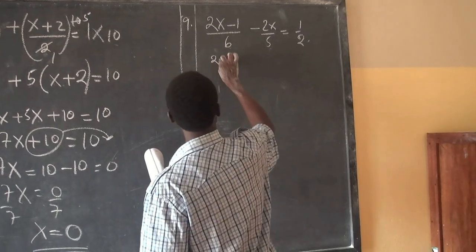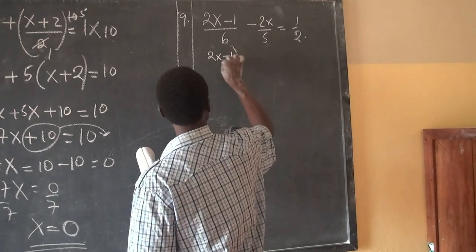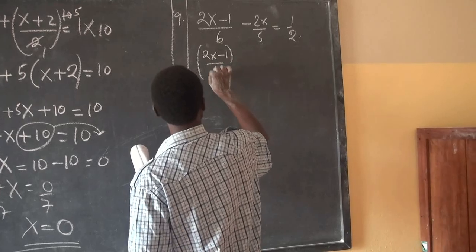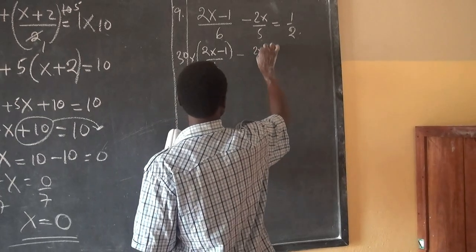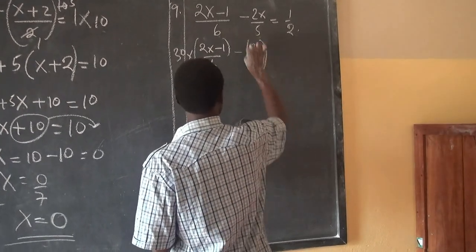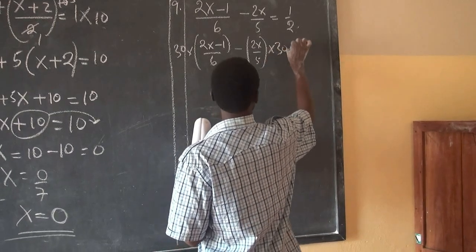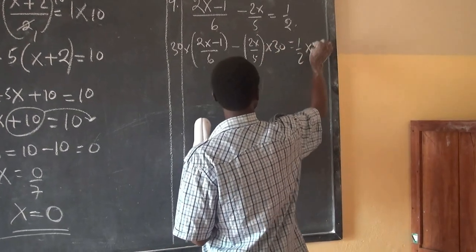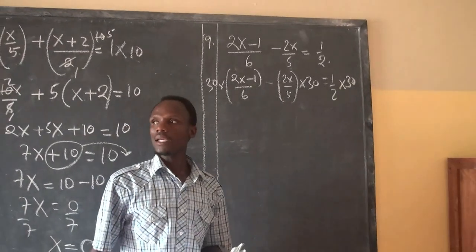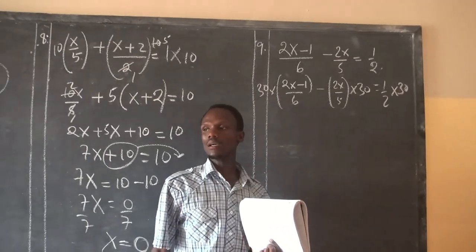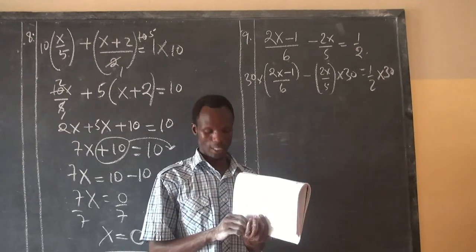Now, that is to say 2x minus 1 in bracket over 6 times 30, minus 2x over 5 times 30, which is equal to 1 over 2 times 30. Because we have to multiply each term, both sides, by the LCM of the denominators.